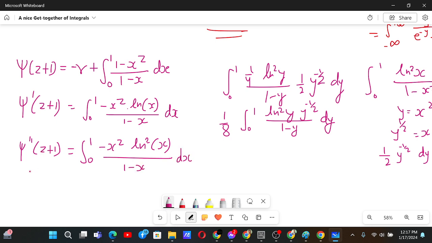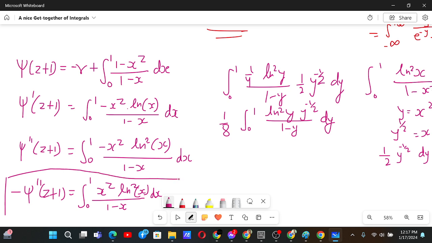Now the minus can be taken to the other side, so negative of the digamma double derivative of z plus 1 is actually equal to the integral from 0 to 1 of x to the power z ln square x by 1 minus x dx. So this is the integral formula that we require to solve this problem.